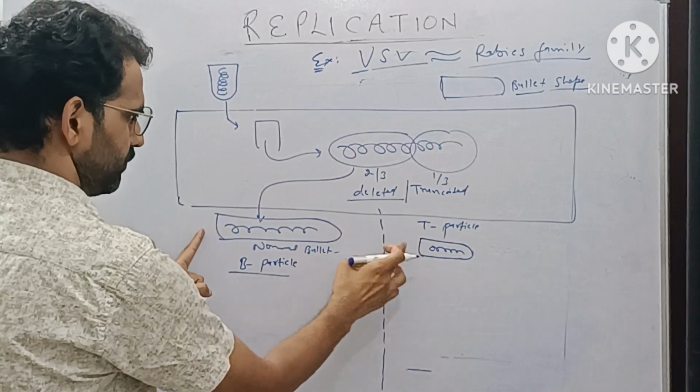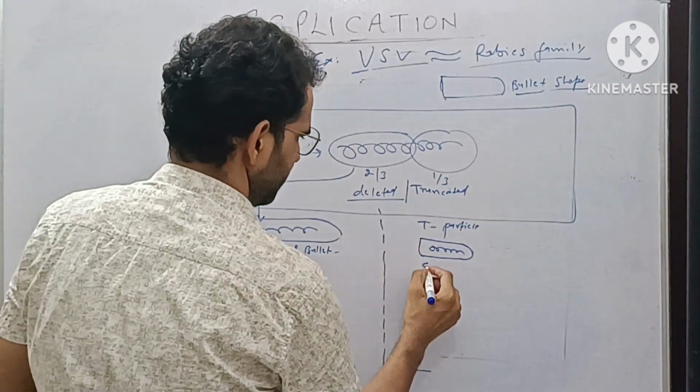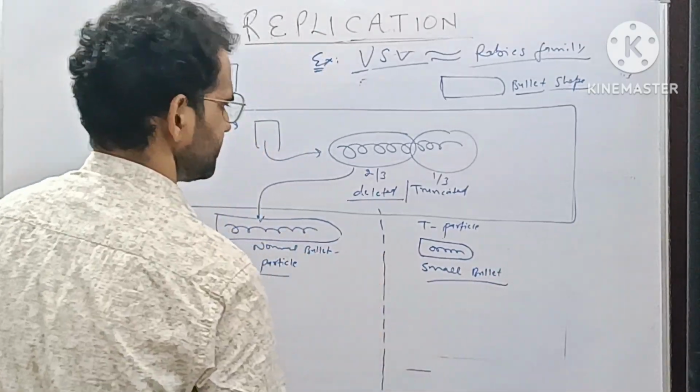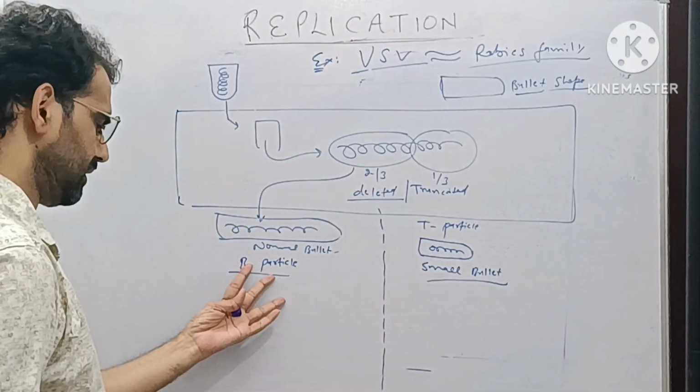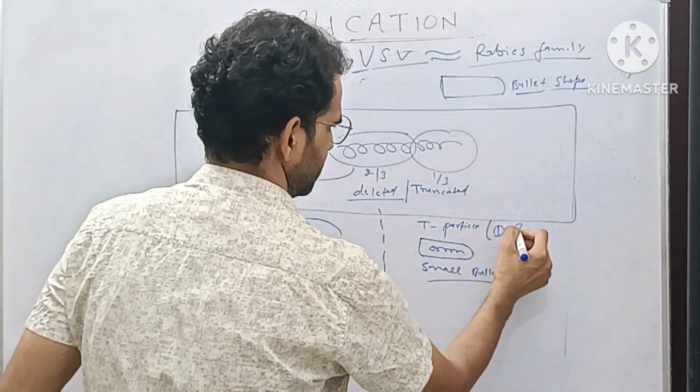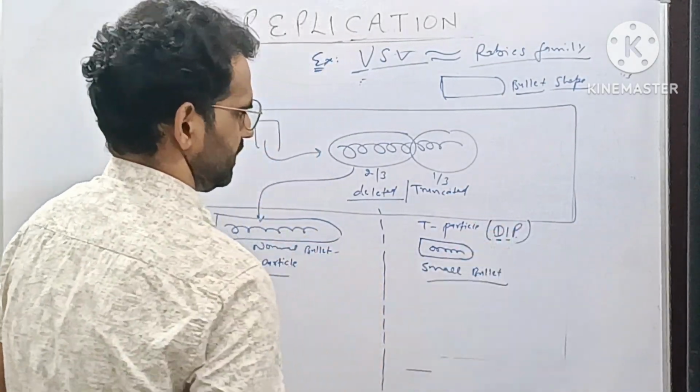Both have the same bullet morphology, but this is a small bullet. B particles are normal, T particles are DIP, defective interfering particles.